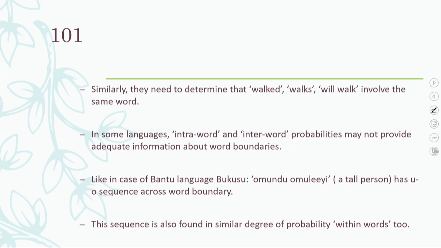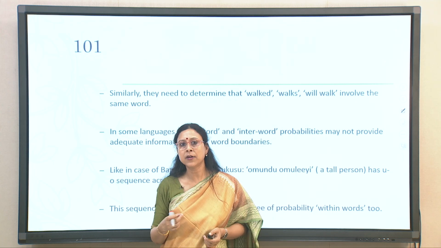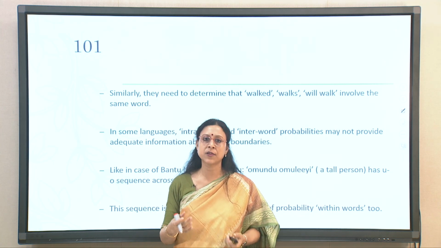In some languages, intra-word and inter-word probabilities may not provide adequate information about word boundaries. So, it may not be as simple as the "pretty baby" example. In some languages, word-internal and inter-word combinations might occur with the same relative frequency, so they might be equally possible.